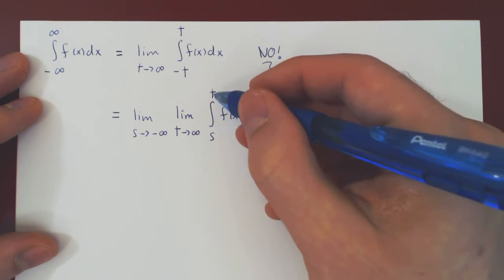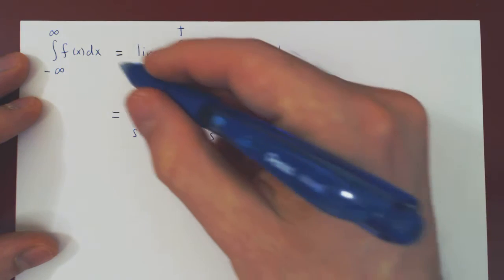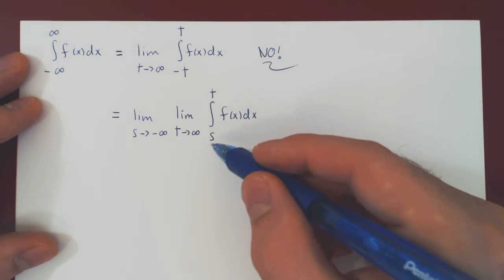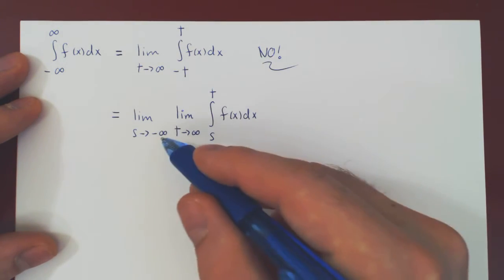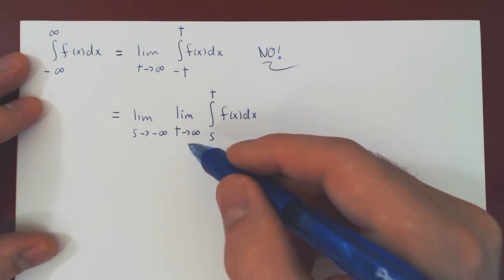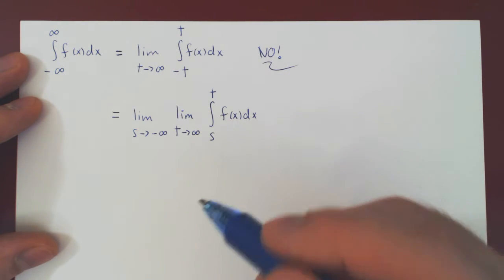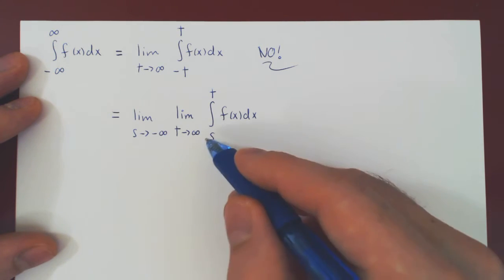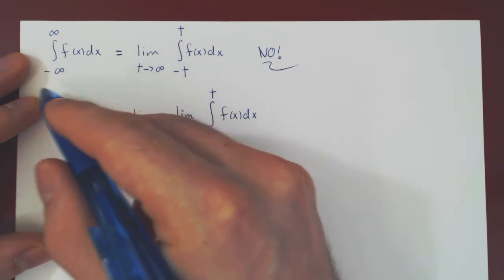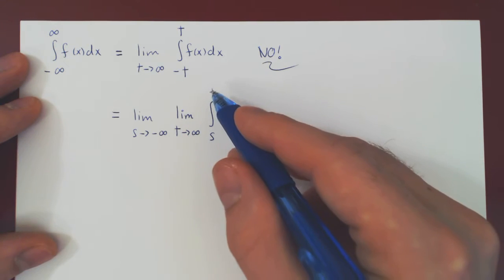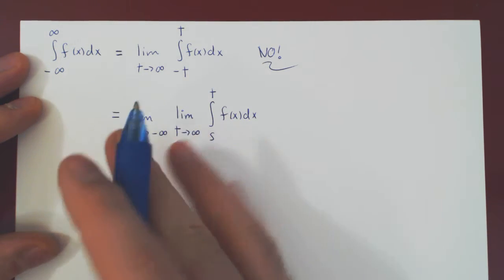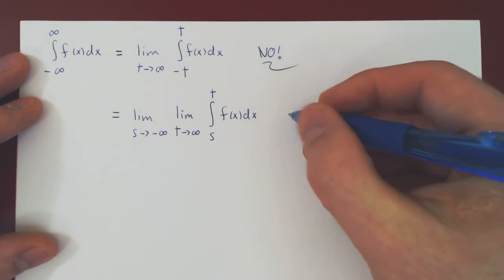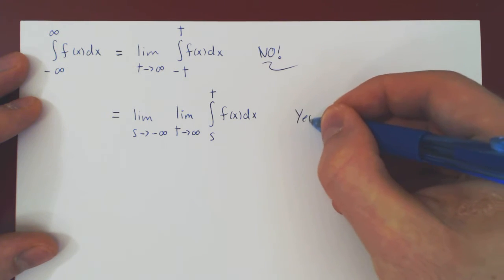And letting both bounds of integration approach positive infinity in the case of t and negative infinity in the case of s independently of one another is the way to do it. It's worth noticing that you could of course swap these two limits. You could first let s approach negative infinity and then t approach positive infinity. So you could swap the order of these two limits.